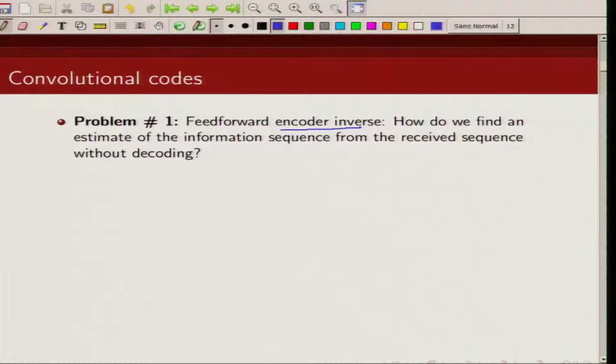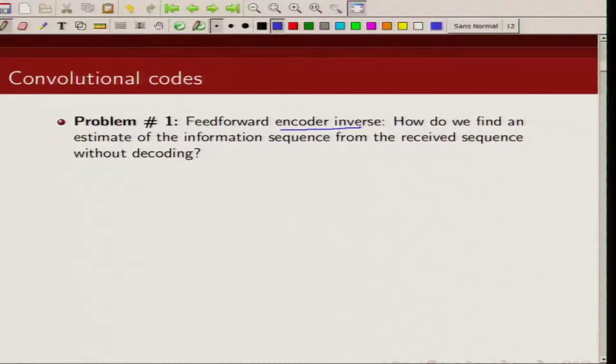Many times we are interested in estimating the information sequence directly from the received sequence without decoding it. For example, if you are encoding a sequence using a systematic encoder, then you can directly get back your information bits from the received bits.